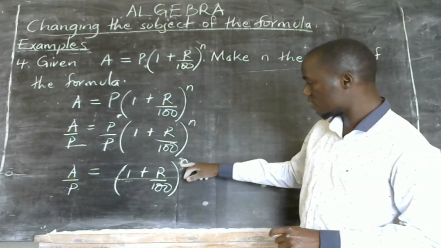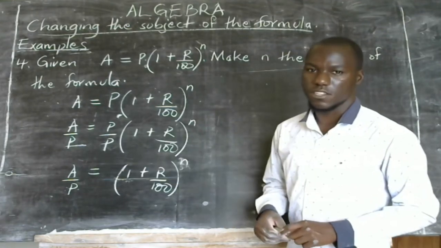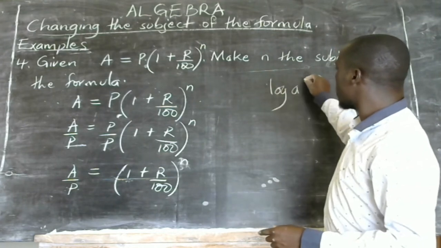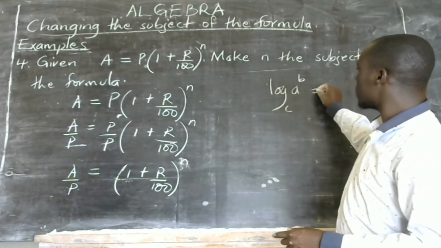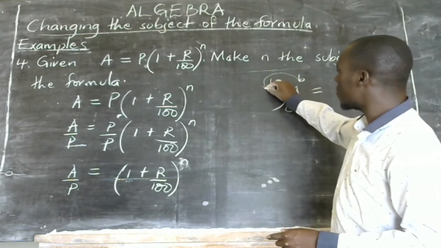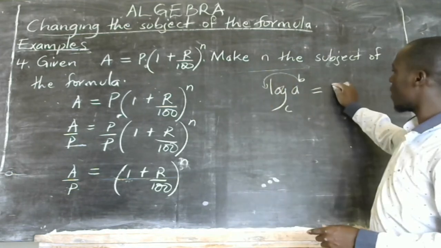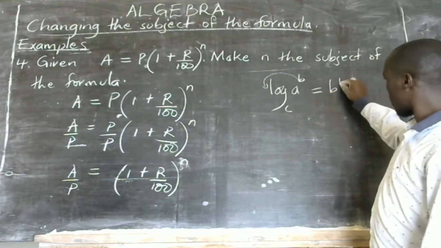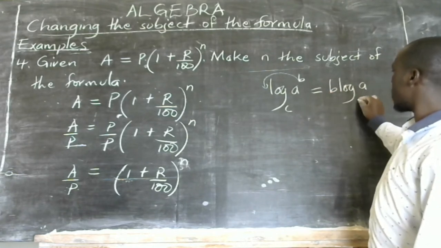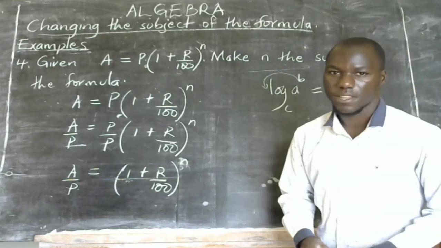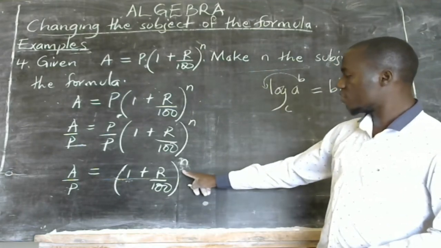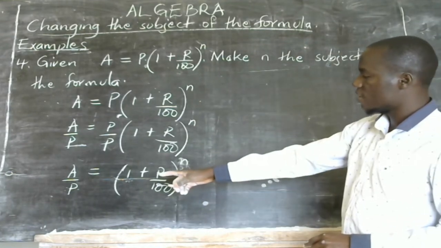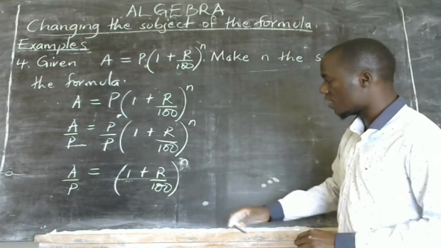There's that law which had log of a power b base c, where the b can move from the power and come to the front to be b times log of a base c. So here we are going to introduce that concept. Now I'm going to apply log base 10 to both sides.